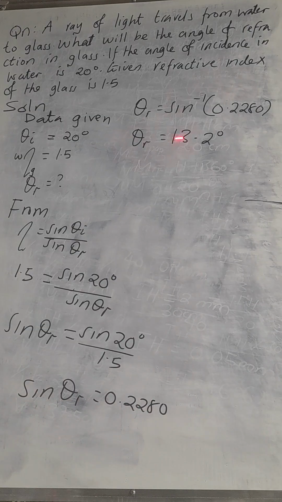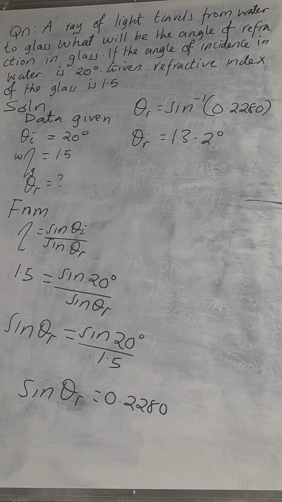So it will be inverse like this. So the sine and sine here will cancel. If that is the case, now the angle of refraction is equal to sine inverse of 0.2280. So finally, ukiingiza kwenye calculator yako utaona kwamba unapata angle of refraction is equal to 13.2 degree.